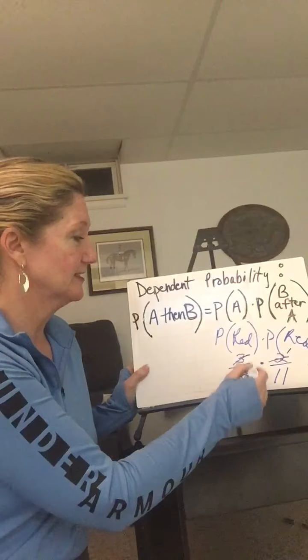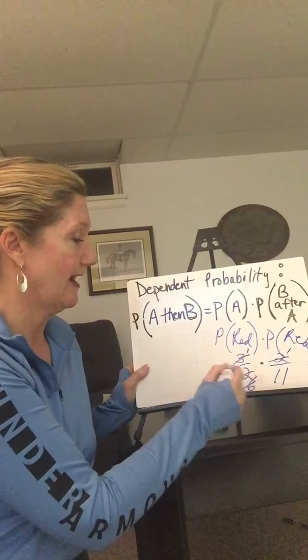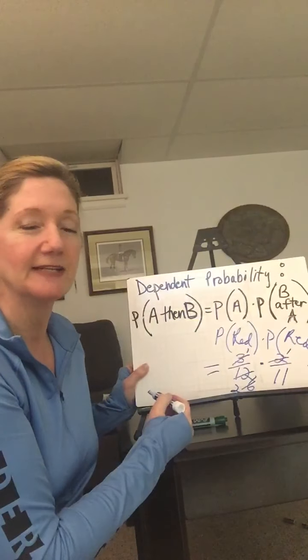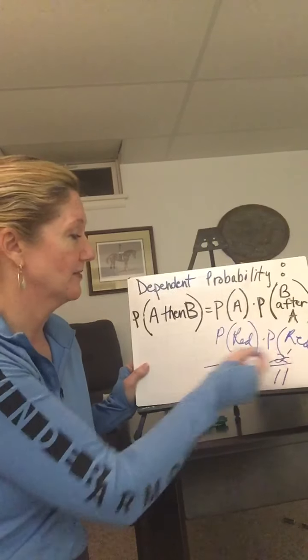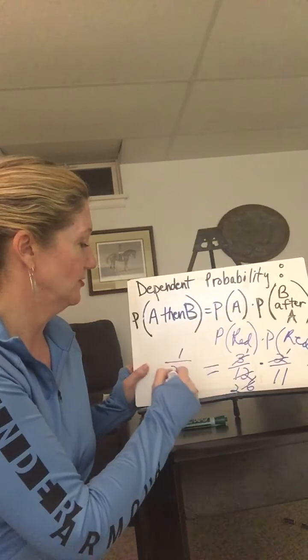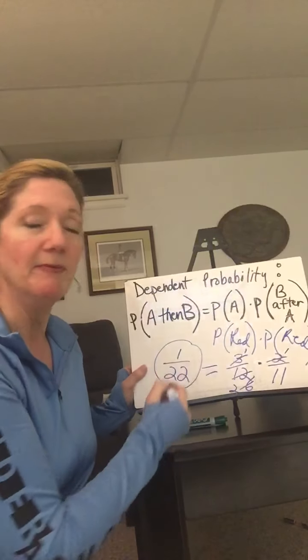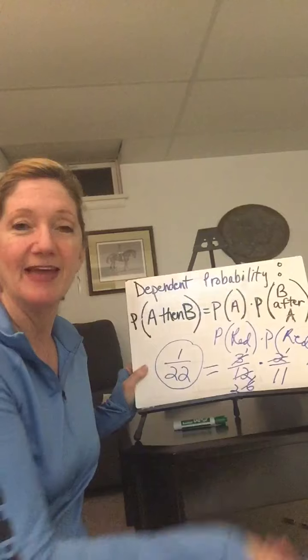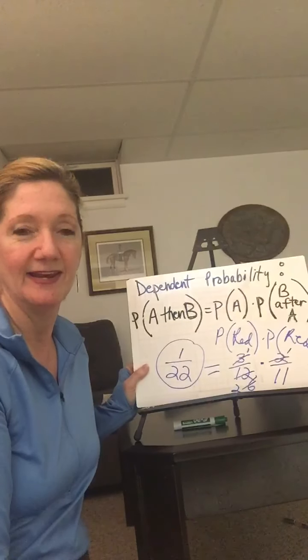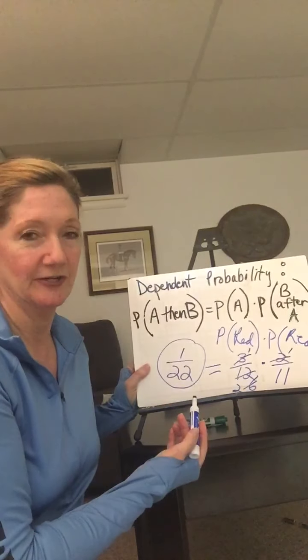And then 3/6 can also be reduced to 1/2. Either way you decide to do it, even if you don't reduce it till the end of the problem, you still should end up with 1/22. So the probability you're going to pull a red marble out, set it aside, and then pull the next one out and have it be red is 1/22.